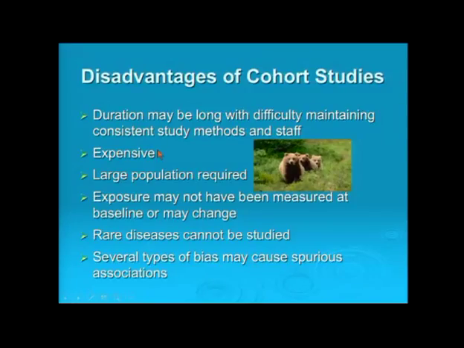You need usually a very large population because you're looking at the occurrence of even common diseases, even cardiovascular disease or a particular type of cancer. Most people aren't going to get that condition. And so you need to bring in a whole bunch of people and follow them forward to get a much smaller number of outcomes.